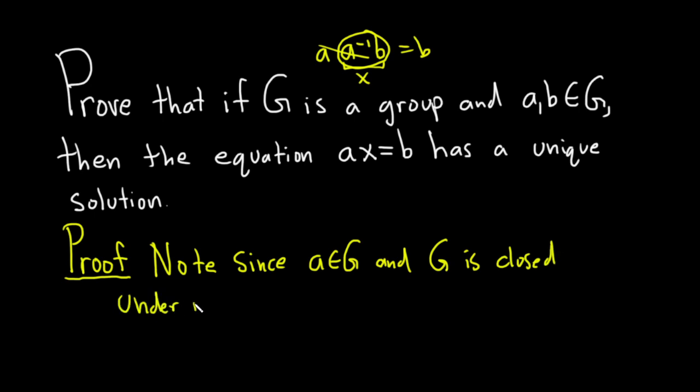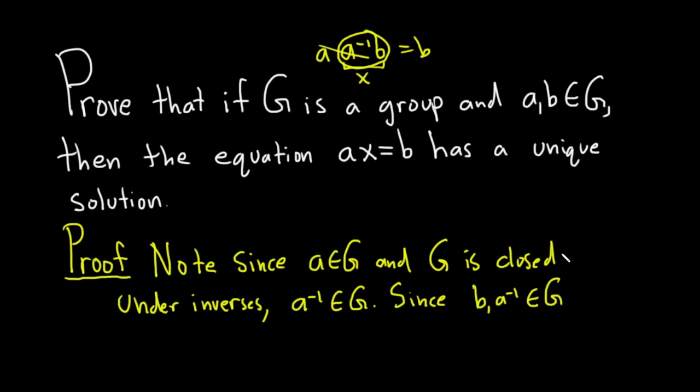That's one way to say that every element in G has an inverse. A inverse is also in G. And since, really pedantic here, since B and A inverse are in G, and G is closed under the group operation, right?